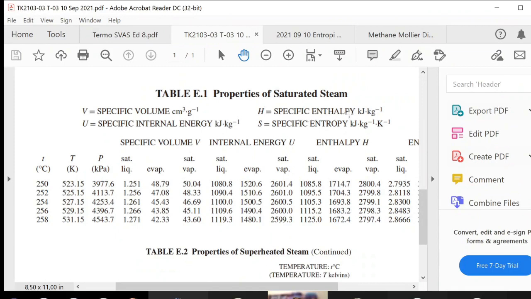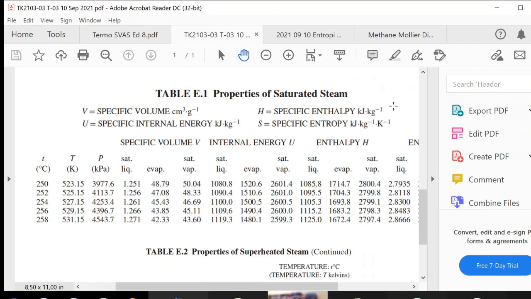We have specific enthalpy. It is called specific because it is per kilogram. Per kilogram of what? Kilogram of water. Is it vapor or is it liquid? Well, depending. If you are talking about the liquid, then it is the kilogram of liquid. If it is about vapor, it is kilogram of vapor.